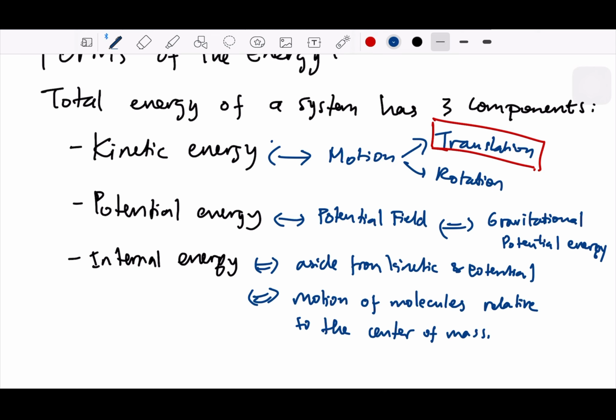So the molecules in our body are vibrating, they are always moving, they have vibrations, they have rotations, and that's how we can have life.